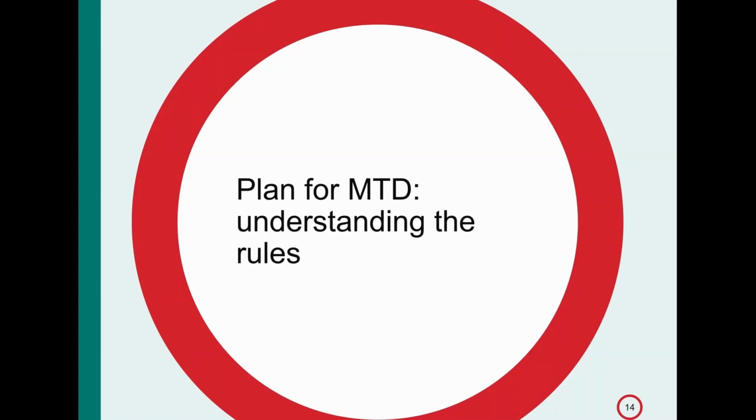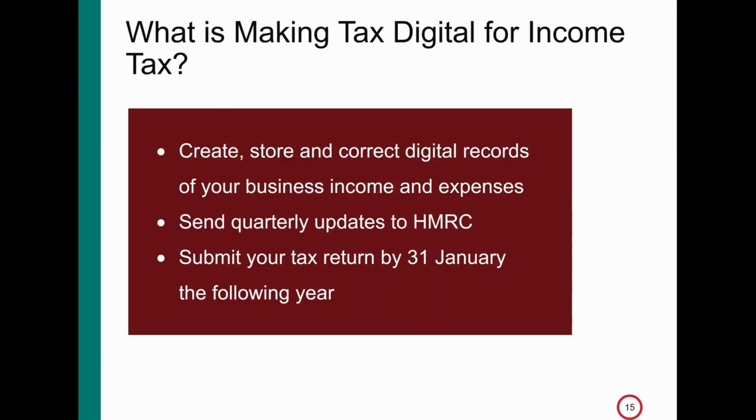First, we are going to look at planning and understanding the rules for Making Tax Digital for income tax. From April 2026, some sole traders and landlords must use it based on their total annual income from self-employment and property.